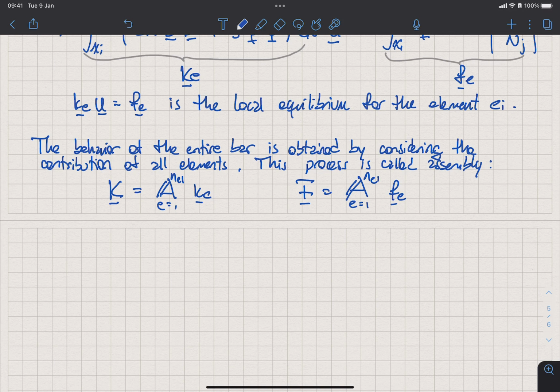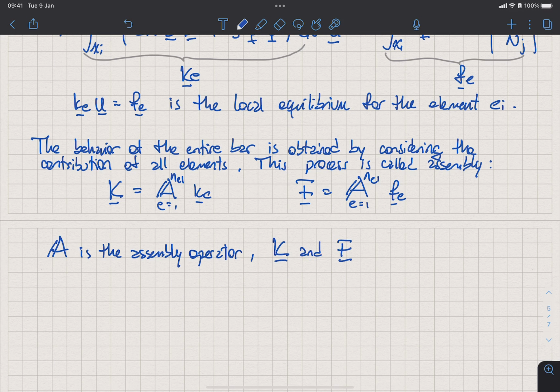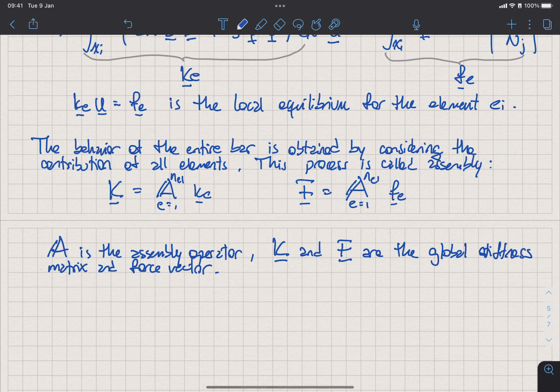Here, A is the assembly operator. Global stiffness matrix and force vector.